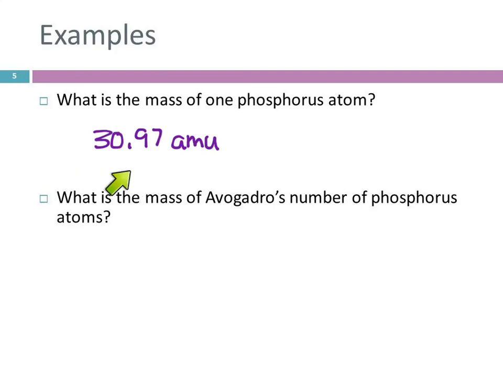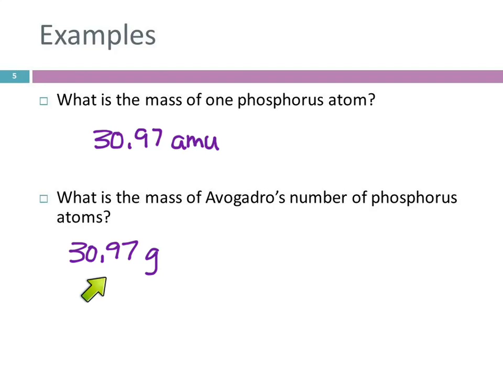So if one atom of phosphorus weighs 30.97 AMUs, then Avogadro's number of them weighs 30.97 grams. Does that make sense? This is a really, really big number of phosphorus atoms.